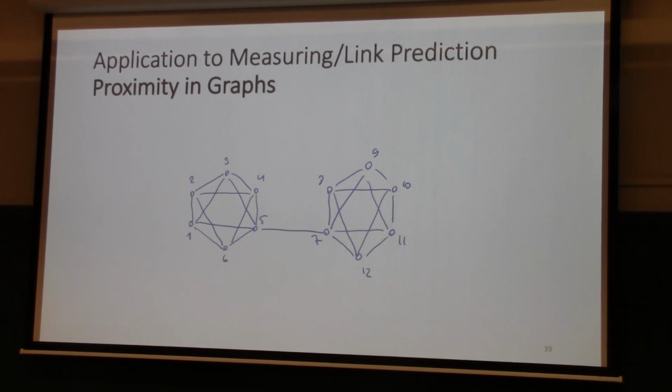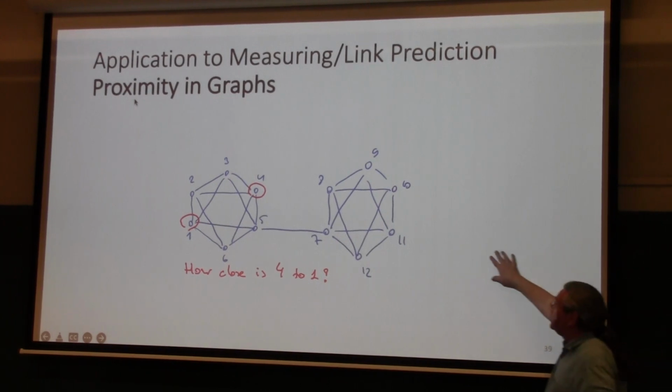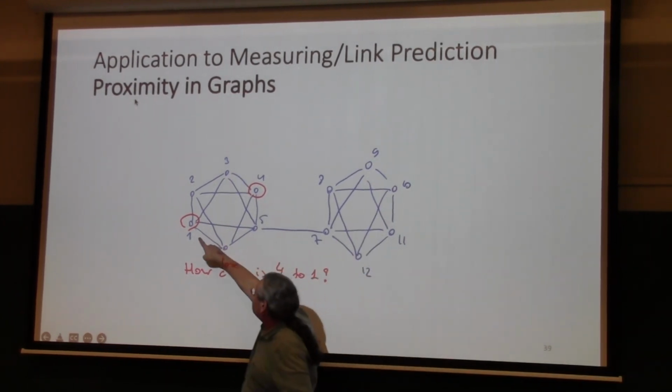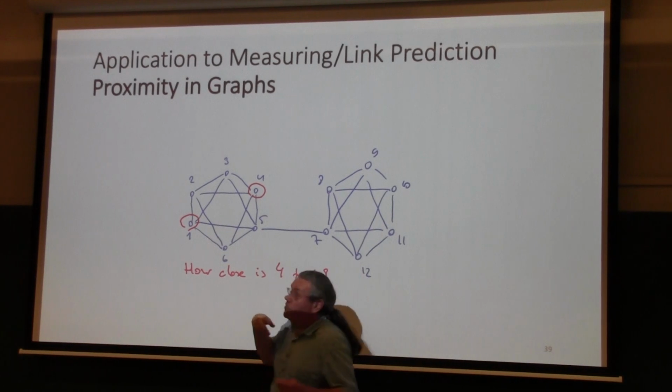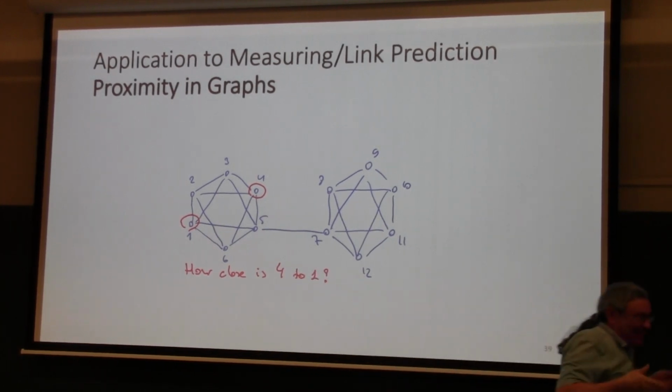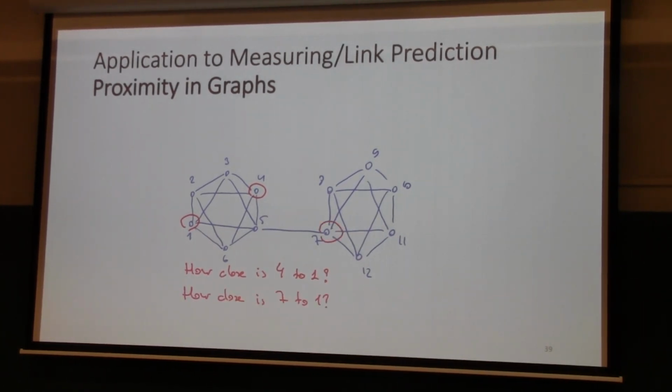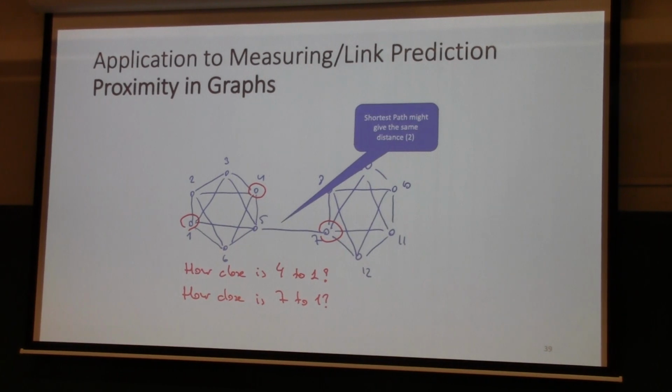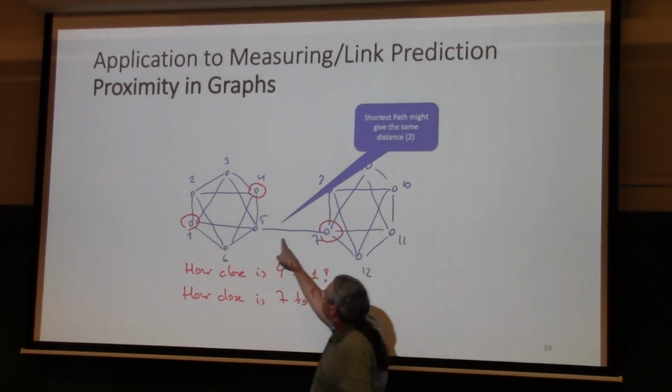Another way you can extend PageRank is measuring similarity or proximity. So here's an example. Let's say we have this graph here. Look at these two nodes, 1 and 4. How close are they in some sense? Or 7 and 1. How close is it? Because the shortest path is the same, 1, 2.